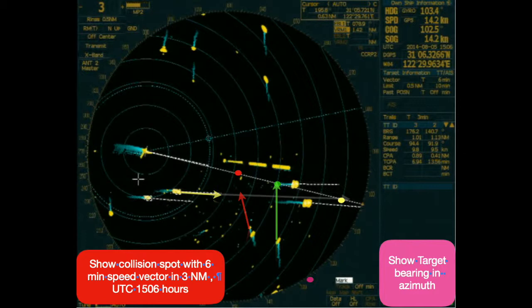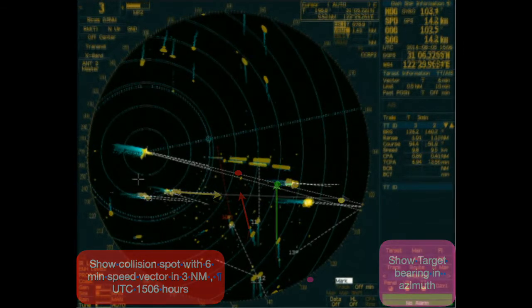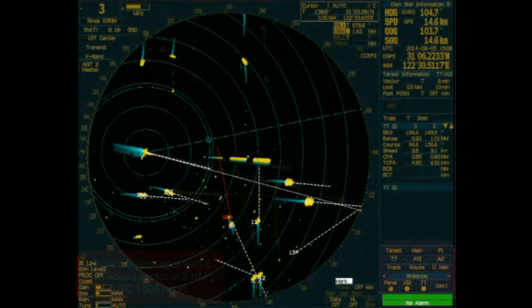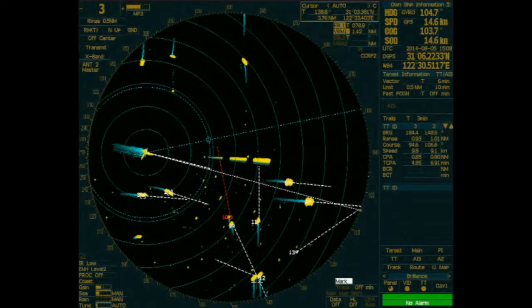The green target will pass the collision spot, this green spot, 6 minutes before own ship, so it is safe.